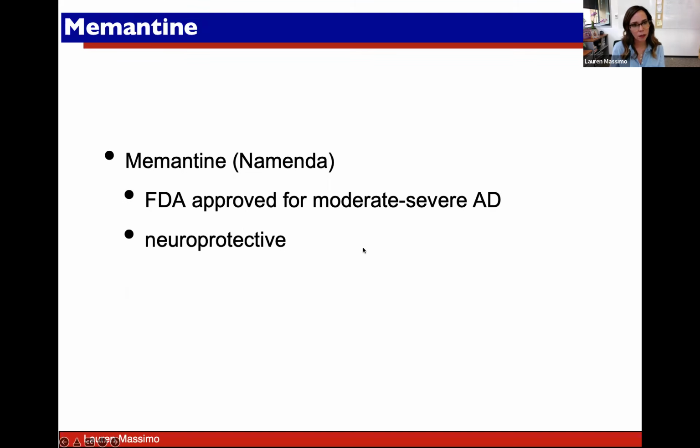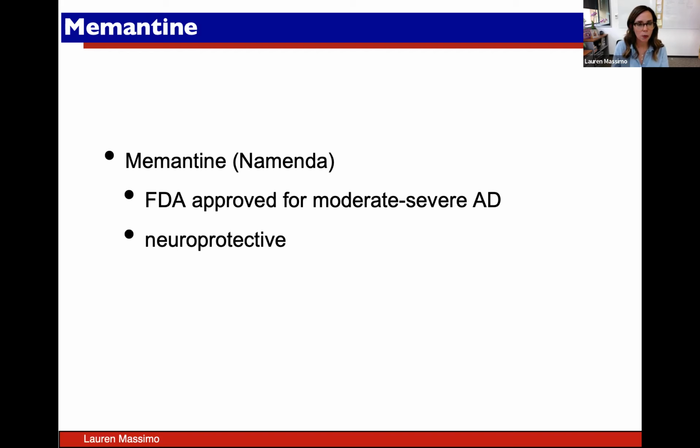Another medication approved for moderate to severe Alzheimer's disease is a medication called Memantine, which is really neuroprotective by inhibiting excessive glutamate, which is an excitatory neurotransmitter that can further damage the nerve cells.